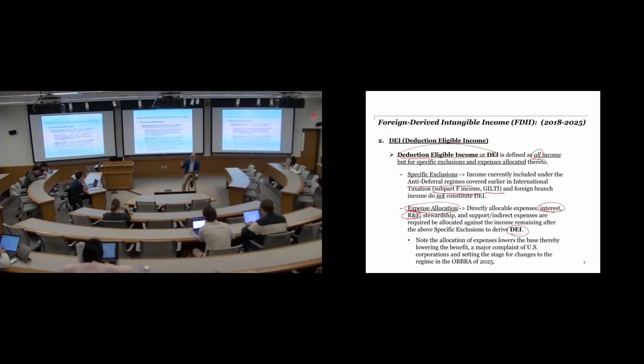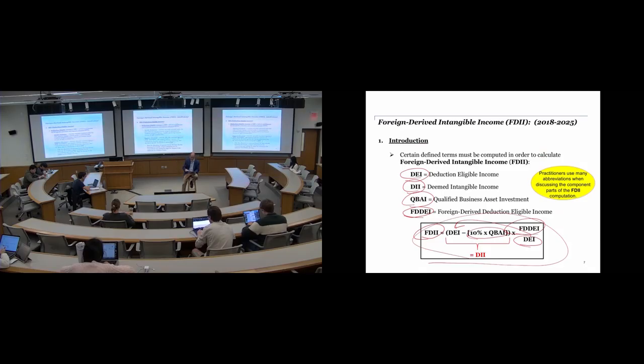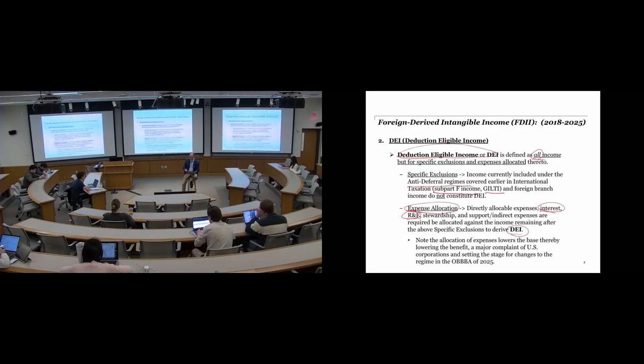That lowers the base that I'm starting with and lowers the benefit. If I can stay with a gross number, I have a higher benefit as I go through this calculation. If DEI is lower, then I'm going to have a lower benefit at the end of the day. So one of the major complaints of corporate America was that expense allocation is causing this benefit to be less robust than what you think it is.